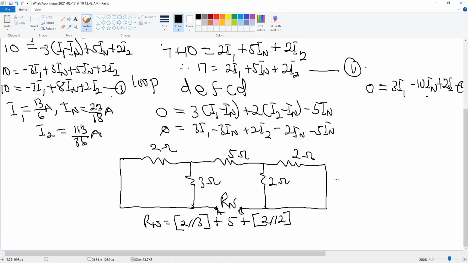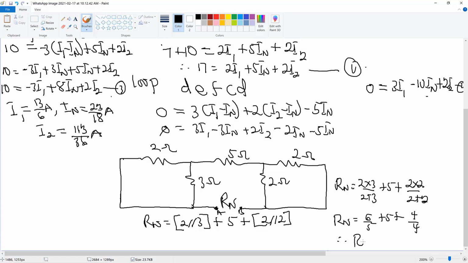Then we can say our Rn is equal to 2 times 3 over 2 plus 3 plus 5 plus 2 times 2 over 2 plus 2, which gives us Rn to be equal to 6 over 5 plus 5 plus 4 over 4.